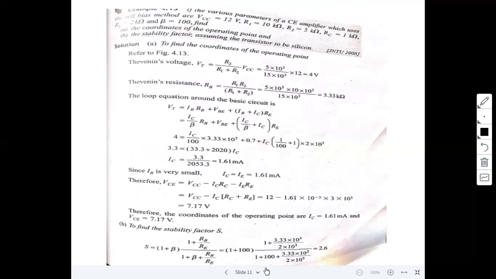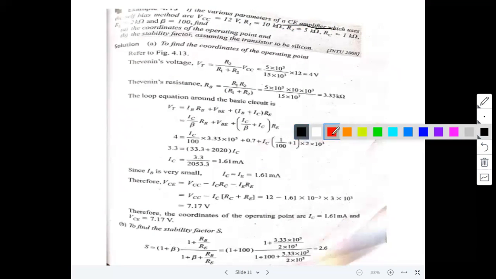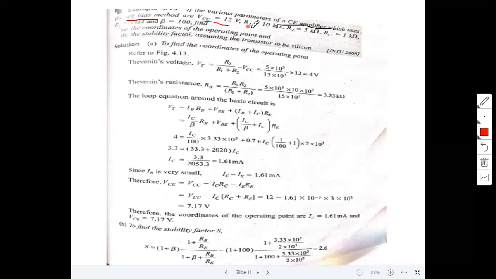Then coming to the problem here. Consider the CE amplifier, common emitter amplifier, in a self-bias configuration. Given VCC is equal to 12 volts, R1 is equal to 10K, R2 is equal to 5K, RC is equal to 1 kilo ohm, RE is equal to 2 kilo ohm, and beta is equal to 100.